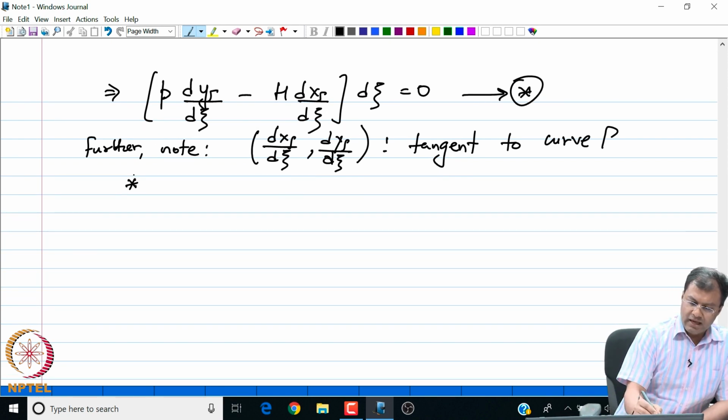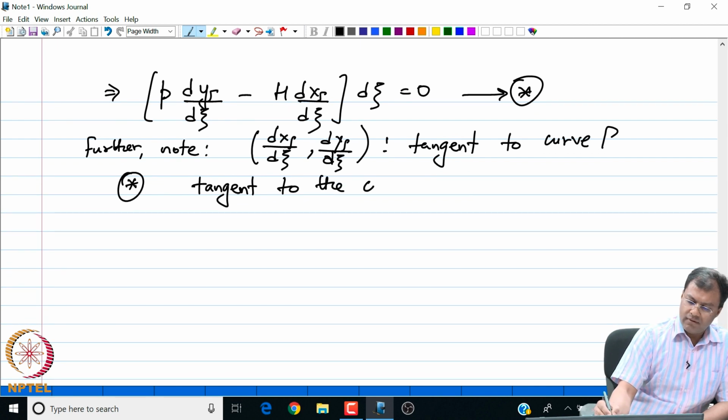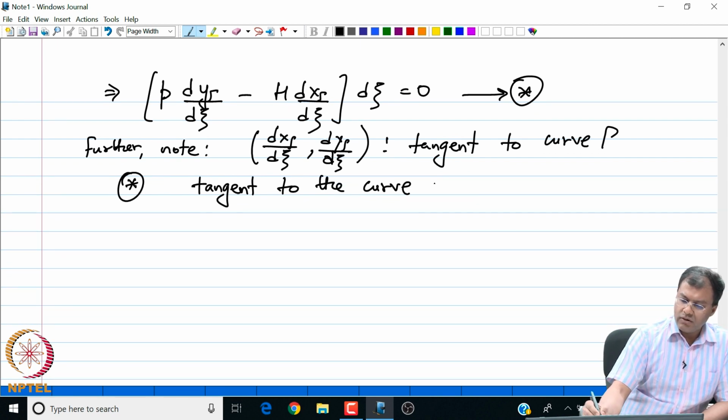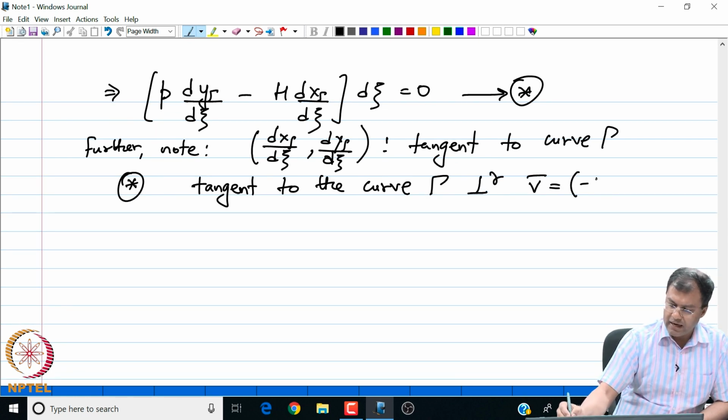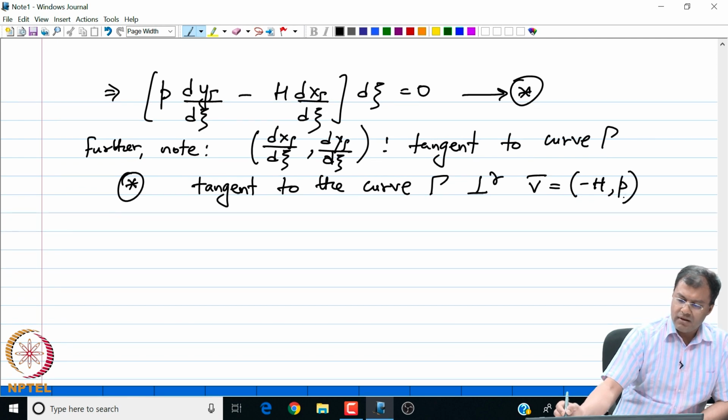My star says that the tangent to the curve gamma is perpendicular to the vector v, which is prescribed by minus h comma p. Why?